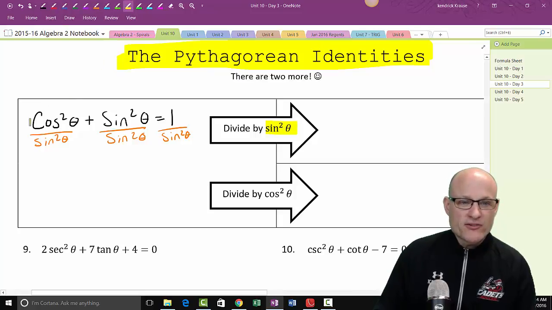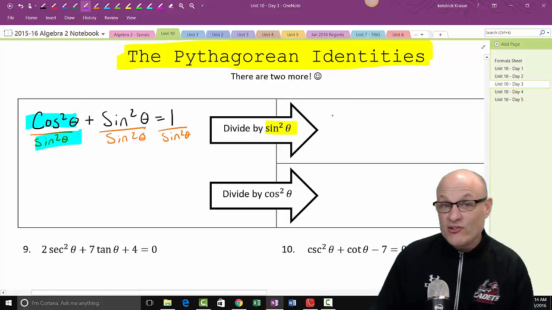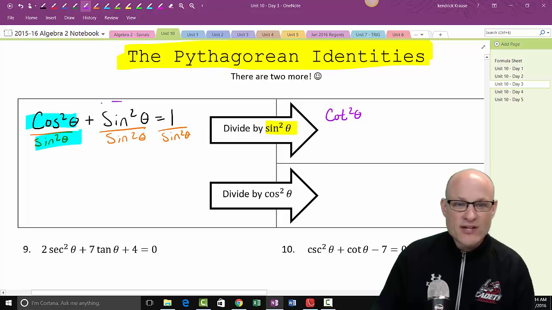What does this equal? Well, cosine squared divided by sine squared is, you guessed it, cotangent squared theta. Sine squared divided by sine squared is 1. Is equal to 1 over sine squared.